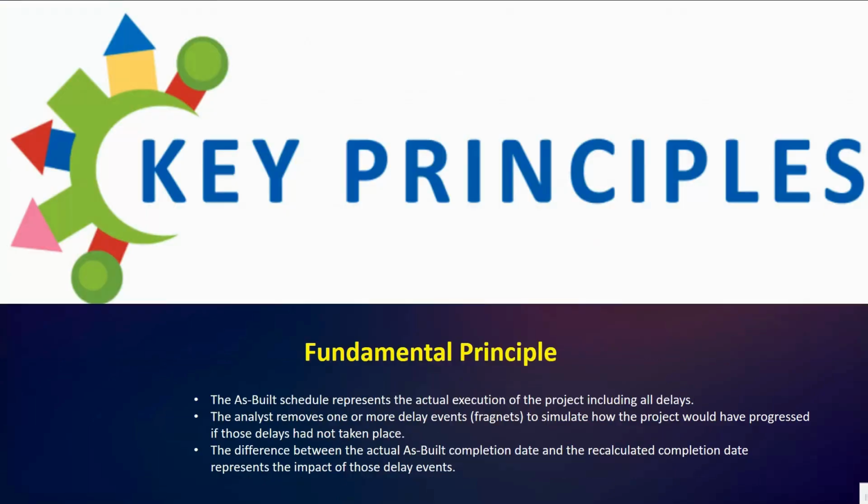Next we have the fundamental principle. The principle is straightforward. The as-built schedule represents the actual execution of the project, including all delays. So the as-built schedule reflects everything that actually happened, including delays.